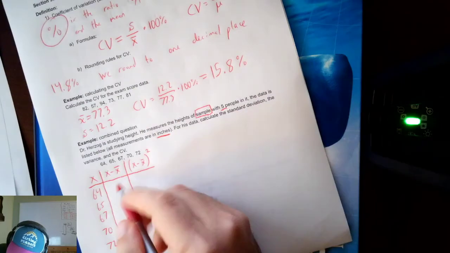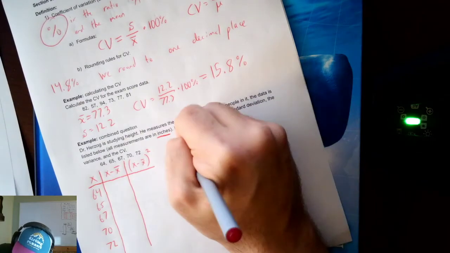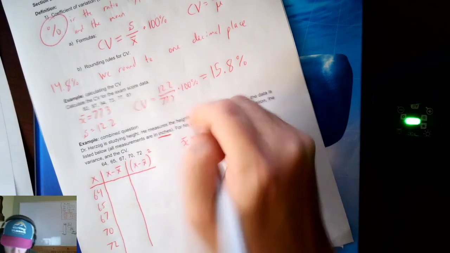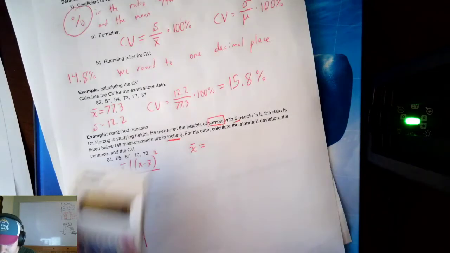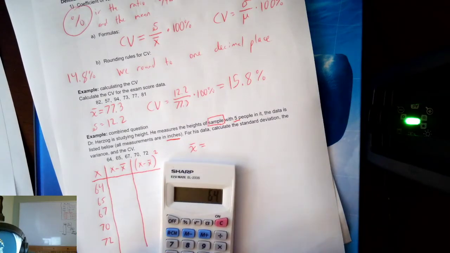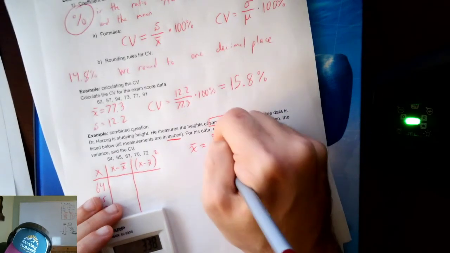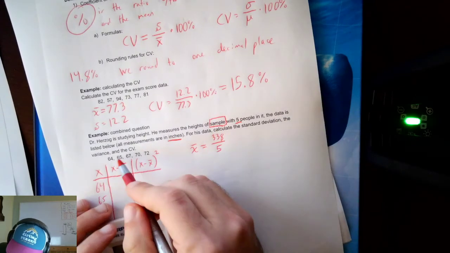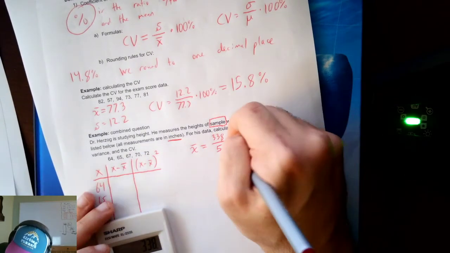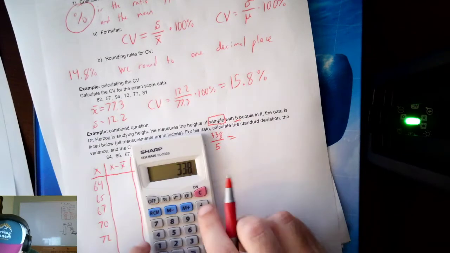Now, before I can calculate the middle column, I need to know the average. I need to know the mean, right? Well, 64 plus 65 plus 67 plus 70 plus 72 is equal to 338 divided by 5, right? There were 5 data points, so I divide by 5 to get my average.